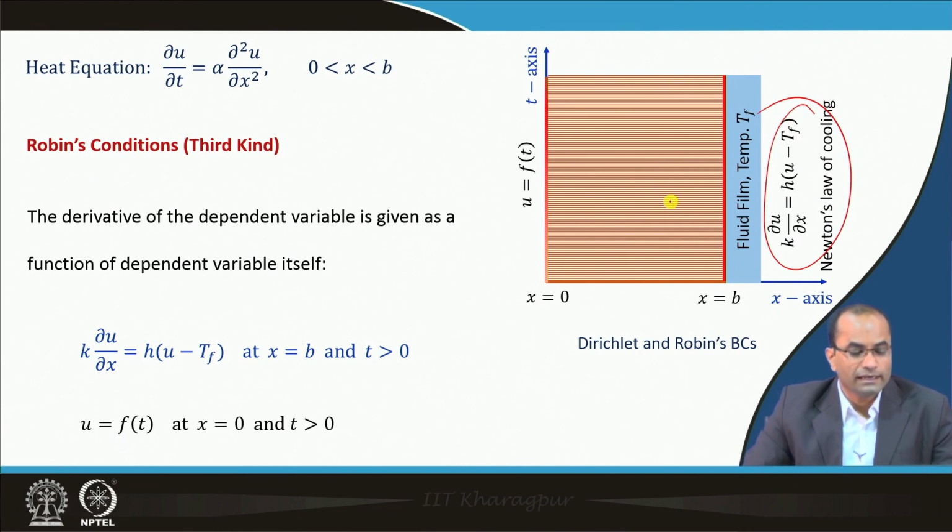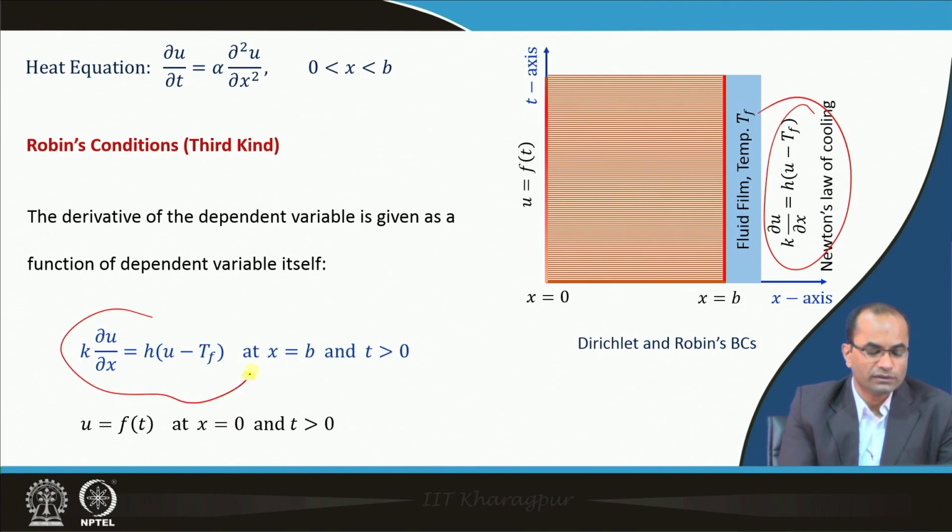From the handling point of view, the Dirichlet boundary conditions are the easiest, because the value of the dependent variable is directly prescribed at the boundaries. Next come the Neumann boundary conditions, where the derivative information is prescribed as a function of the independent variable.